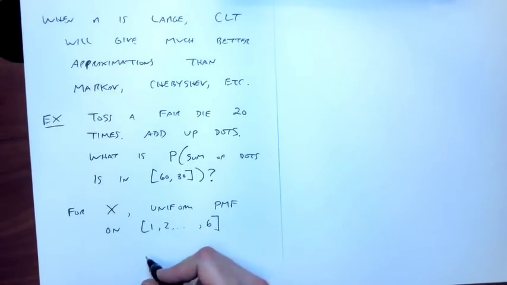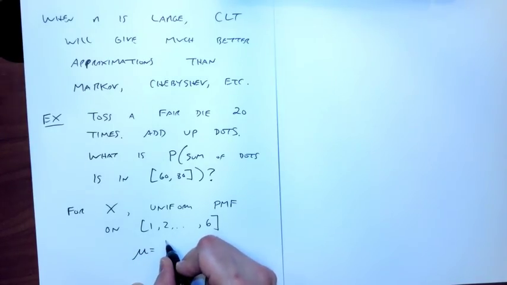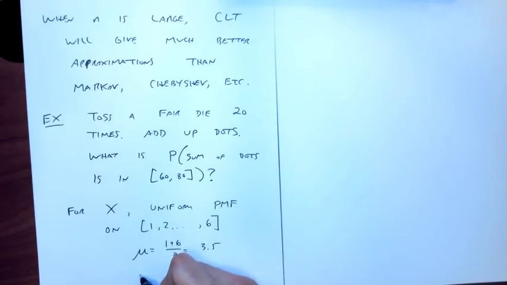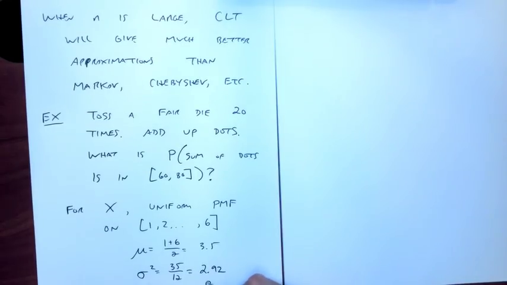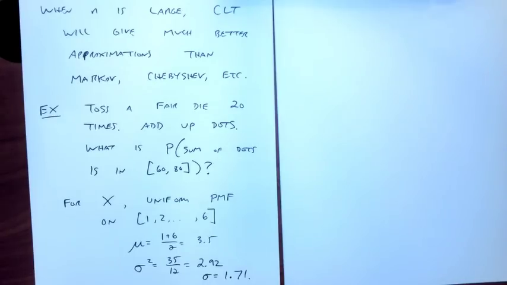And we can recall from our table that the mean is going to be (1 plus 6) over 2, which is 3.5. And the variance is going to be 35 over 12, which is 2.92. And the sigma, if I take the square root of that, is going to be 1.71. So that just comes from the table, okay?